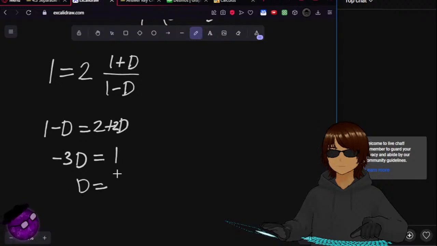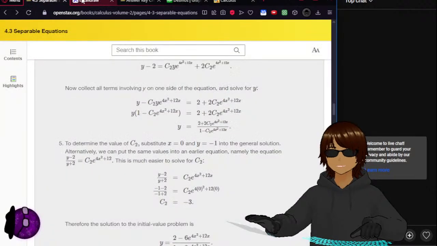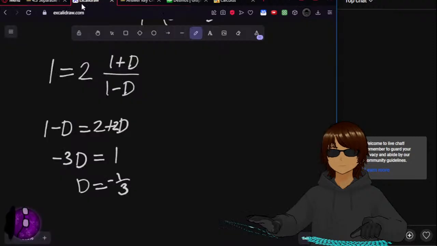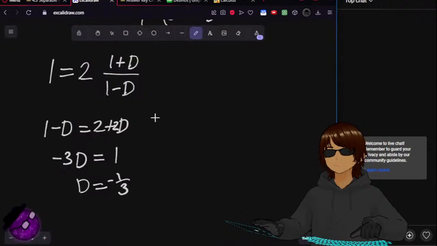D is equal to 1 over 3, which is not correct. Why am I getting this? Two plus two.